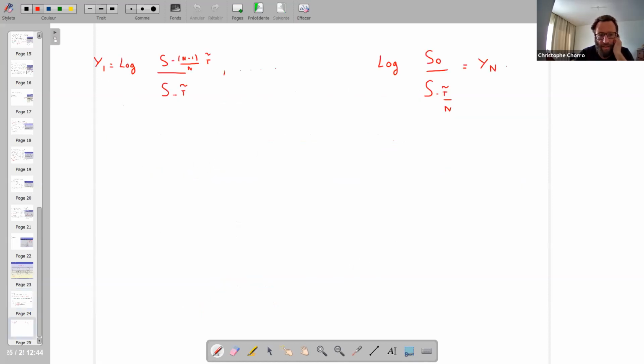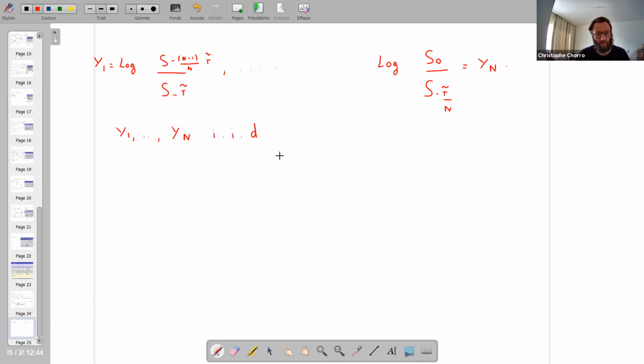What can I say? From the Black-Scholes hypothesis, Y1, ..., Yn are IID Gaussian, because each is the logarithm of the exponential of something Gaussian. And I can find explicitly the distribution of these log returns.